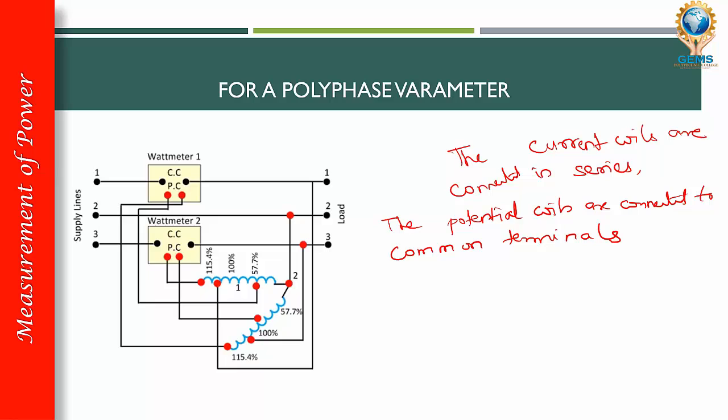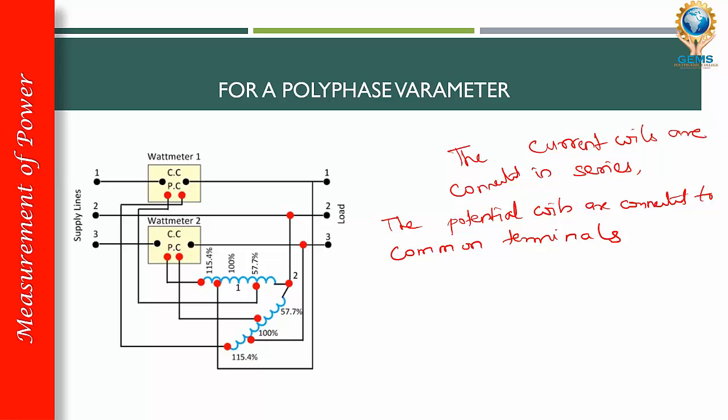The transformer will produce 115.4% of line voltage across the total winding. Each wattmeter gets a 57.7% tap in transformers T1 and T2, which produces a voltage equal to line voltage shifted by an angle of 90 degrees. So when two wattmeters are used, you get 115.4% of reactive power, and for one wattmeter we get 57.7% of reactive power.